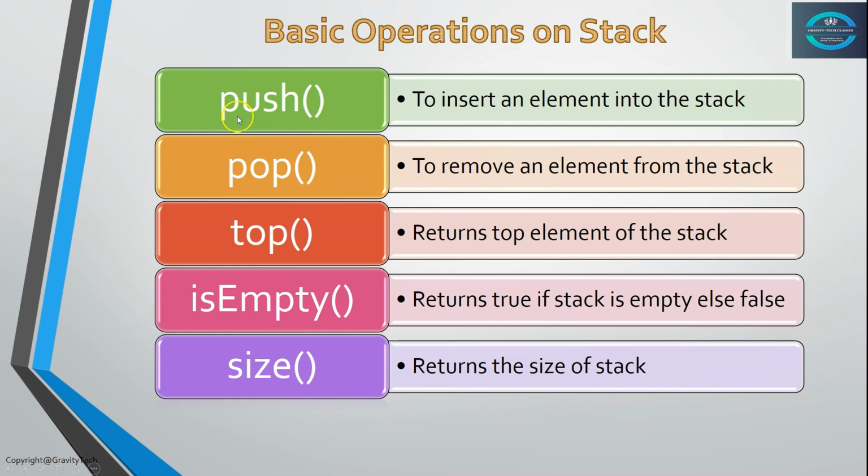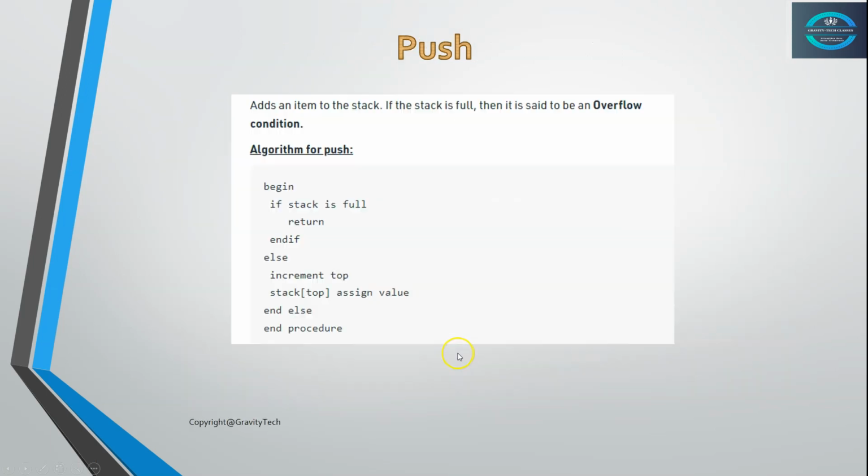Push and pop are the main operations. Top, isEmpty, and size may be optional, and you may take care of them inside your logic itself. But it is always good to have separate functions for all of these. Now, what are the algorithms we use?